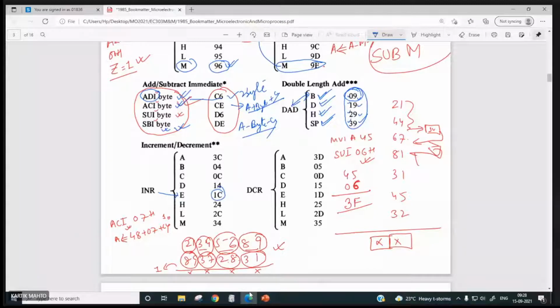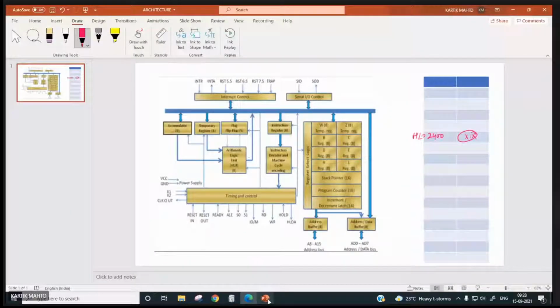Next, this INR M is another very important instruction. Its opcode is 34. If I say INR M, with HL as 2400, what will the processor do? It will read the content of 2400 first, which is XX, and copy it here.